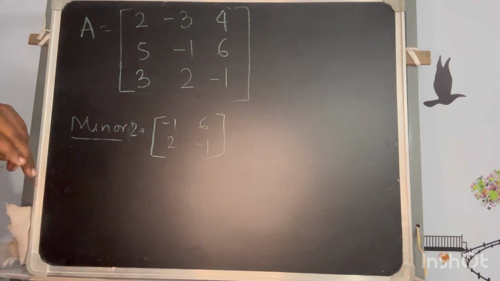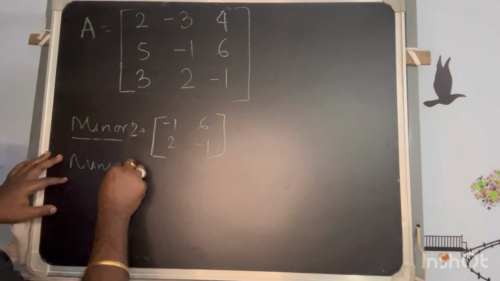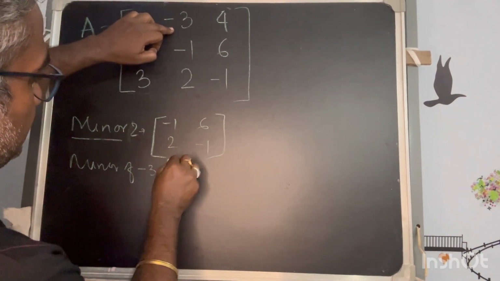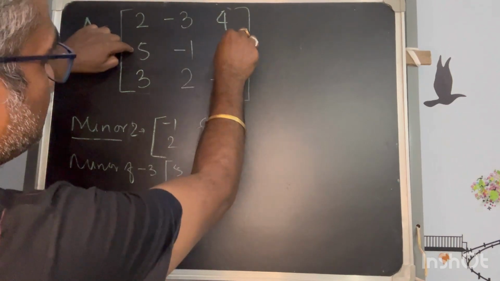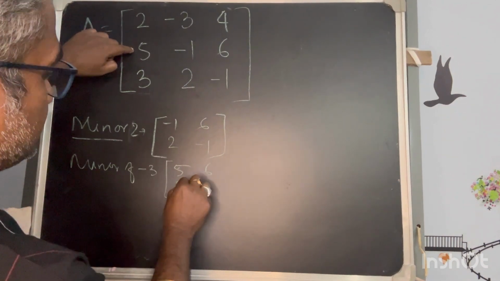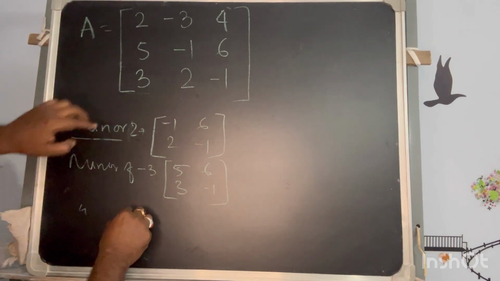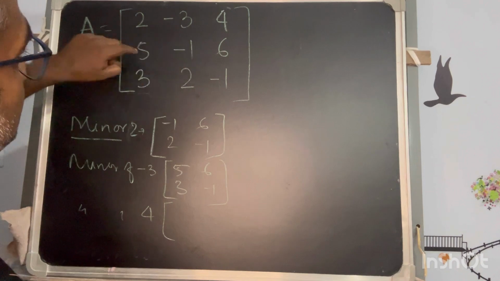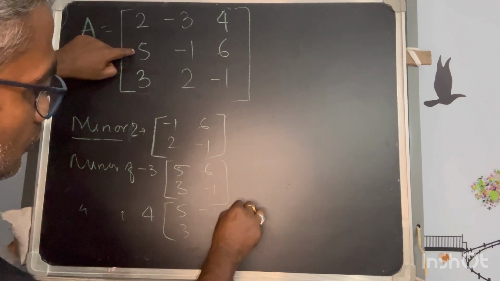Then the minor of -3: this is equal to 5, 6, 3, -1. The minor of 4 is 5, -1, 3, 2.